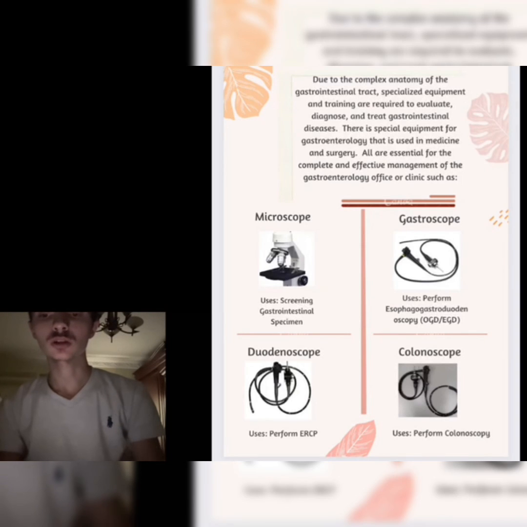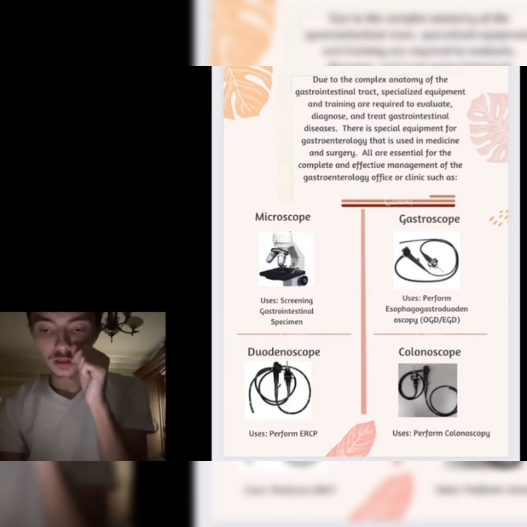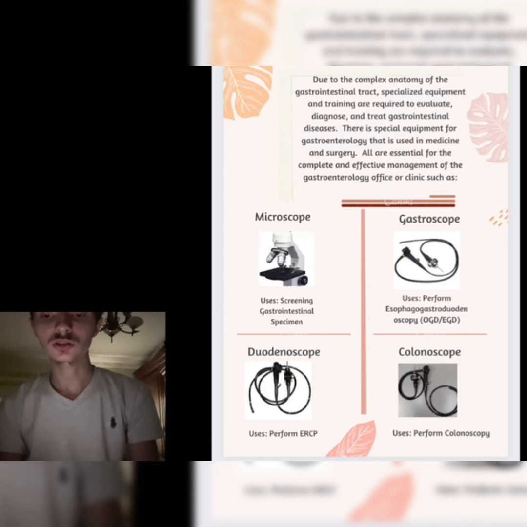Due to the complex anatomy of the gastrointestinal system, specialized equipment and training are needed for assessment, diagnosis, and treatment of gastrointestinal diseases. There is special gastroenterology equipment used in medicine and surgery.